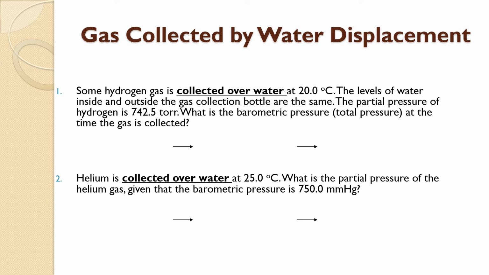So again, you need to reference back to the chart, look at 25 degrees Celsius, and see what the partial pressure of the water is at 25 degrees Celsius. When you do so, you see that at 25 degrees Celsius, the partial pressure of water is 23.8 mmHg.